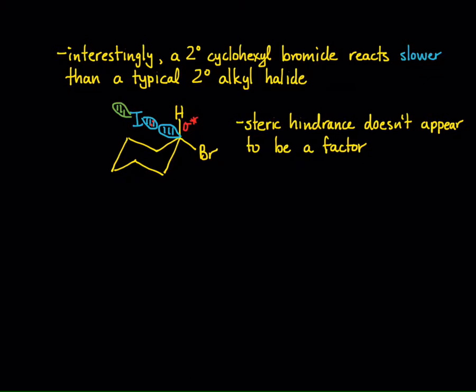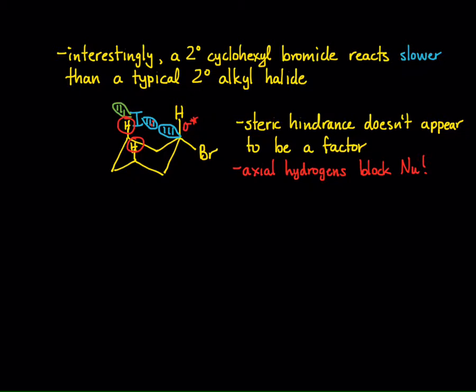It isn't until you start looking at what else is attached to that ring. And we know that there are two hydrogens that are axial hydrogens. And those axial hydrogens are basically going to block the nucleophile from approaching. And therefore, we do get a steric effect, but it doesn't have to do with what's attached directly to the carbon. It has to do with those pesky axial hydrogens.